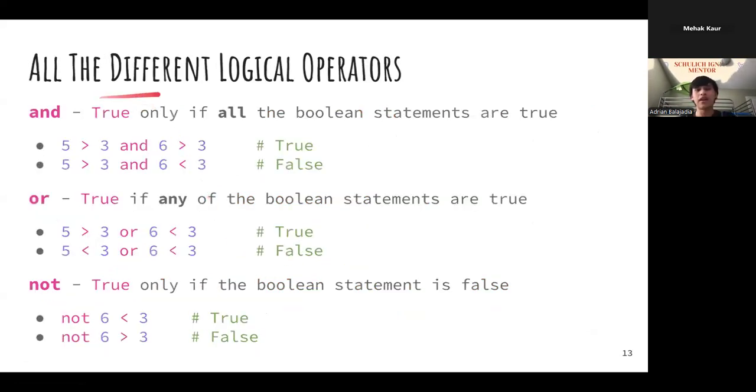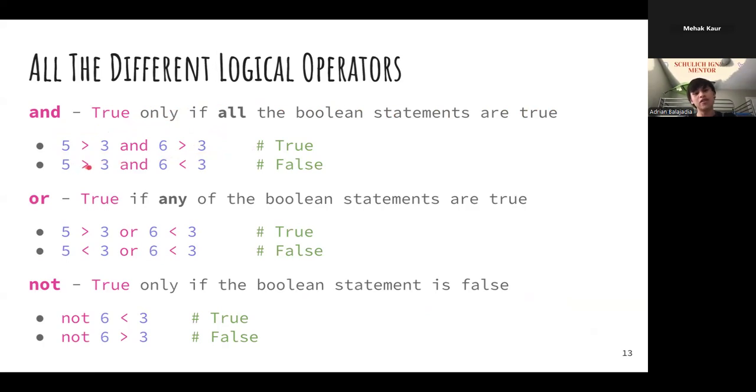And these are all of these different logical operators. Let's skim over these. In the first sentence, 5 is greater than 3 and 6 is greater than 3. That's true because this statement is true and this statement is true, so overall that sentence is true.